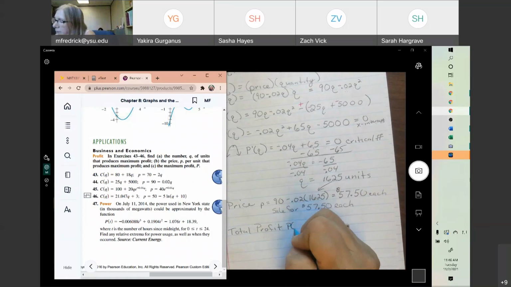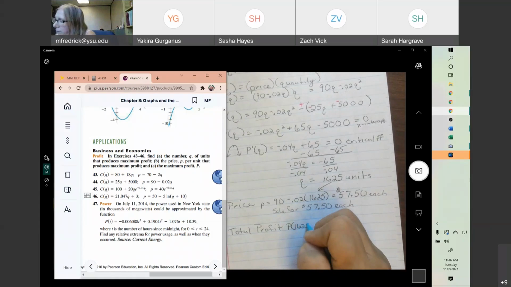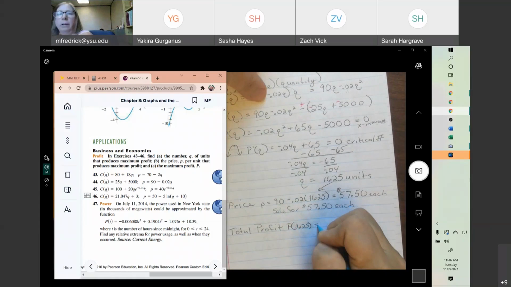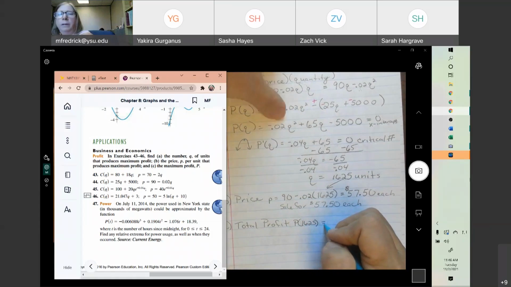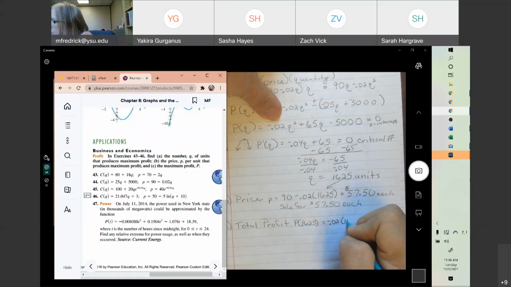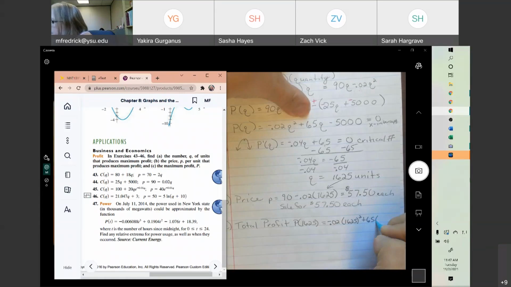So P of 1625 would be this one. Negative 0.02 times 1625 squared plus 65 times 1625 minus the 5,000.